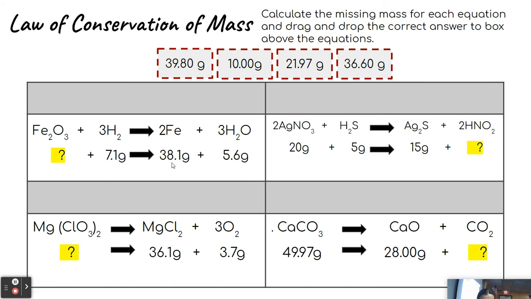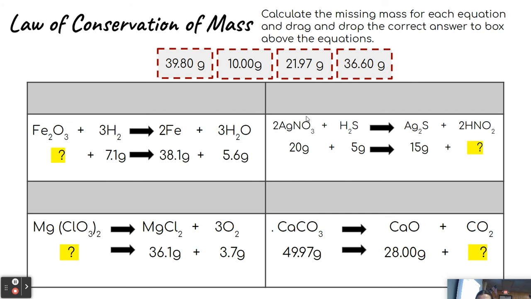Okay, that would be my total mass here. But if this substance weighs 7.1, I have to take 43.7 and subtract 7.1. So my missing mass here is 36.6 grams.